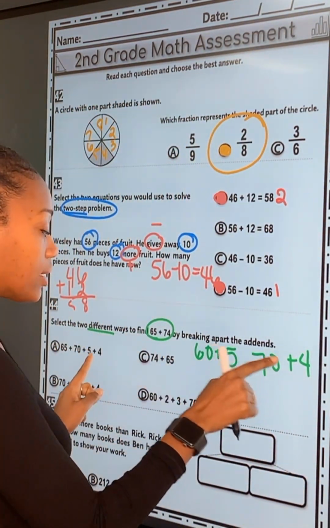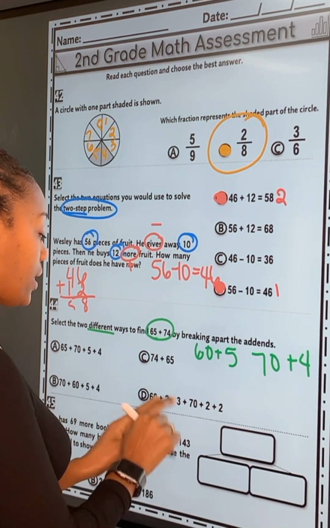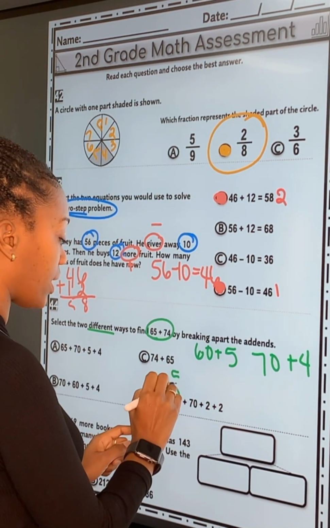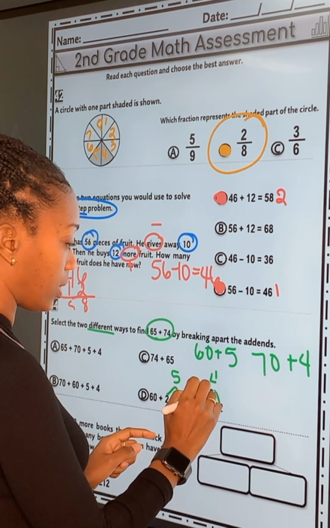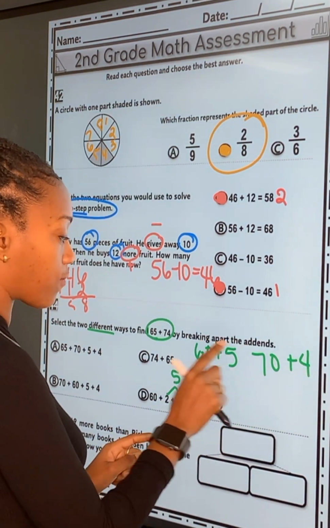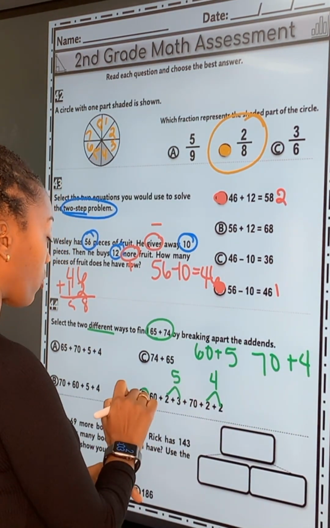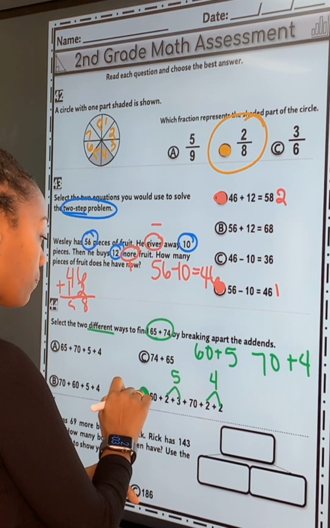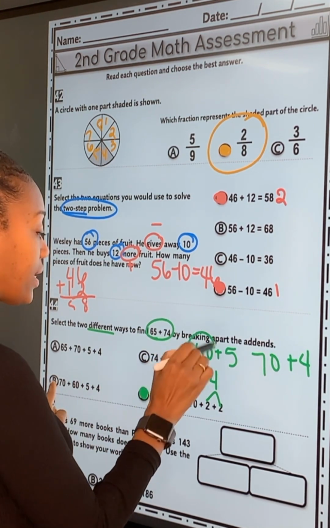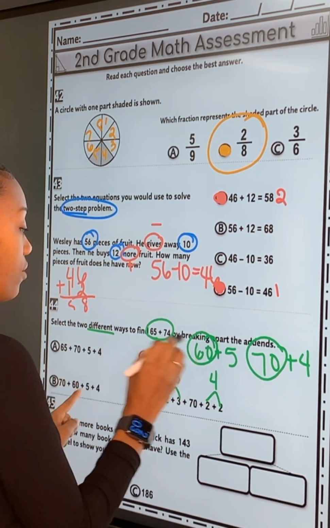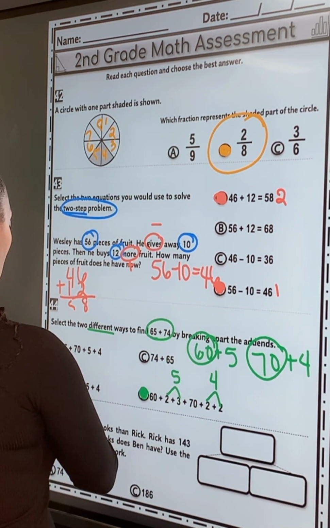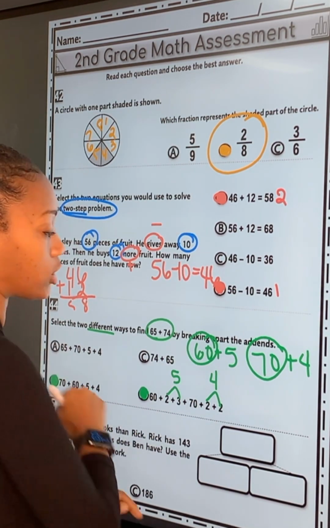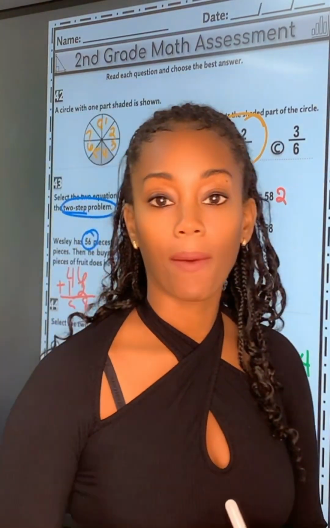So I start looking for these. So I see 60. I know that 2 plus 3 is 5 and 2 plus 2 is 4. I have my 5 and my 4, my 60 and my 70. So I know D is the answer. B has 60, 70, 5 and 4. So I know B also is my answer because they have the same numbers.